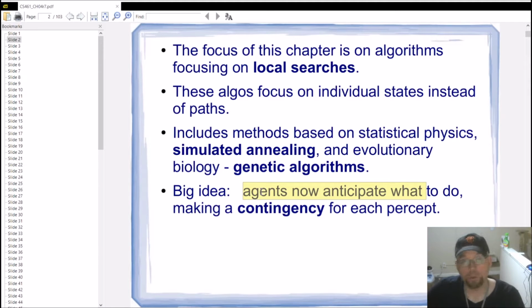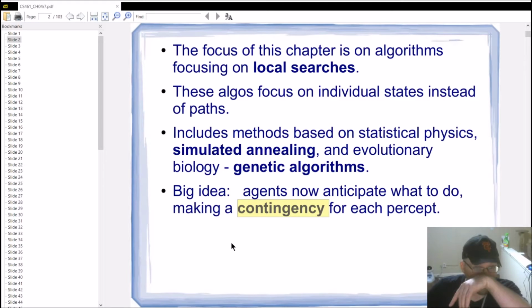So I was talking about Roomba getting stuck, right? You expect Roomba's state to change from on carpet to off carpet, but what if Roomba doesn't change state? The state goes from on carpet to on carpet, right? So you have to have a contingency. You have to have a plan, okay, for each of these percepts.